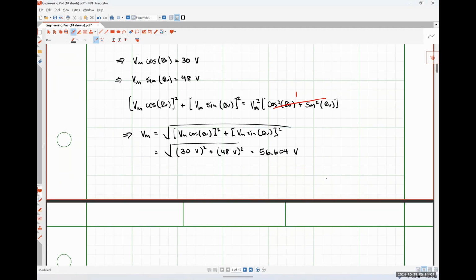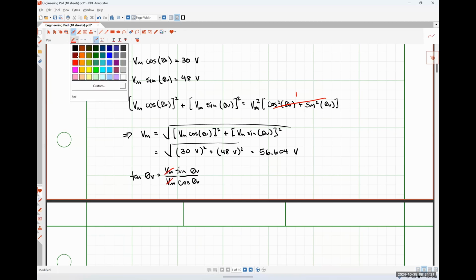For our phase angle, I know that the tangent of theta v is equal to sine of theta v over the cosine of theta v. That's how we define a tangent function, right? Does anything change if I put a Vm in front of both terms? Absolutely not, right? Because those guys are just going to cancel each other out.